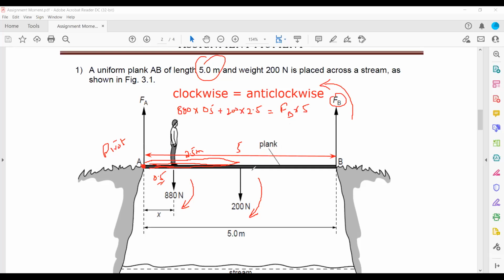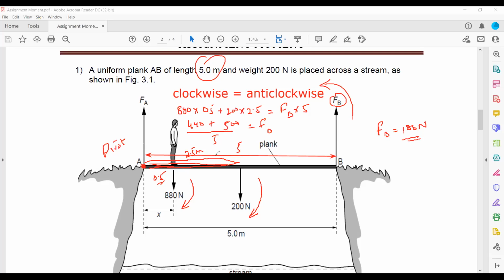Now we solve: 880 times 0.5, that is 440, plus 200 multiplied by 2.5, that's 500. And 5 is multiplied on the other side, so this will be divided by 5. So the resultant force that we will get is 188 newtons.